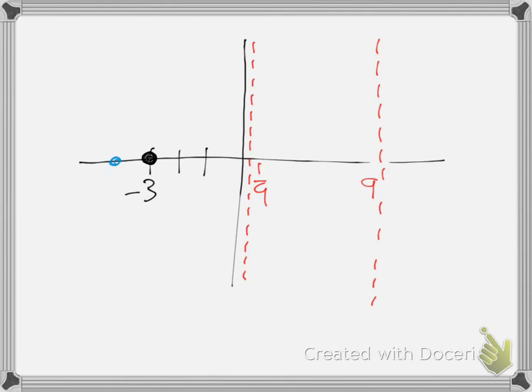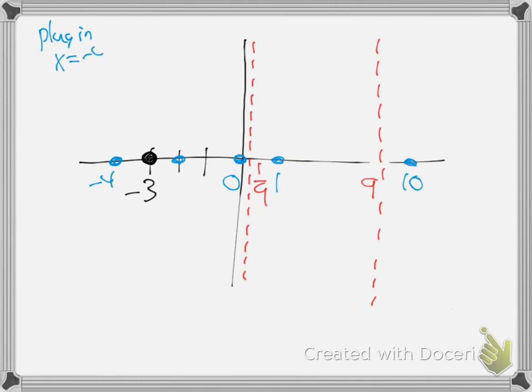I'll plug in negative 4 in the left section, then 0 in the next, then 1 or 8 in the next, and 10 in the last. Just a number in each section. Doesn't matter as long as it's in the section. So let's plug in.